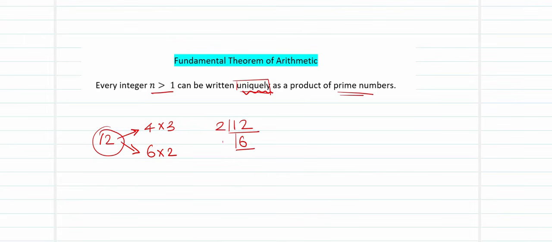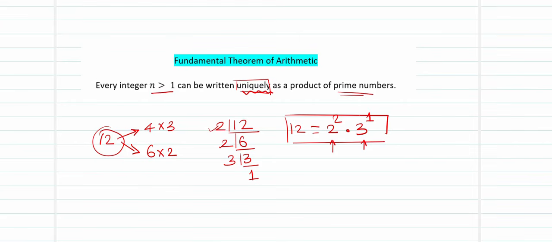This 6 again goes into 3 two times and 3 goes into 3 one time. So I can express 12 as 2 to the power of 2 times 3 to the power of 1, where each of these is a prime number, and this way of expressing 12 as a product of primes is going to be unique.